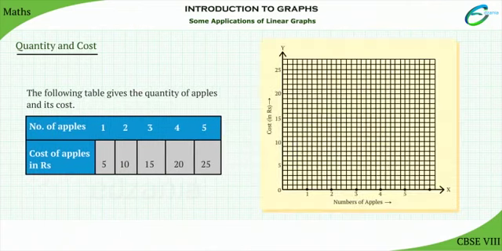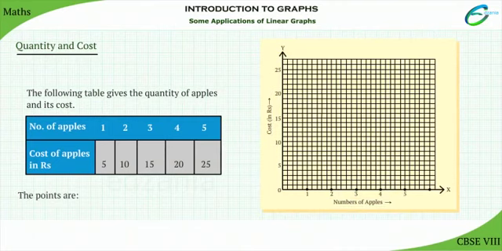Let us plot a graph now. We'll consider number of apples along the x-axis and cost of apples along the y-axis. We consider a suitable scale as shown here. We can form points by taking x-coordinates as number of apples and y-coordinates as the cost of apples.